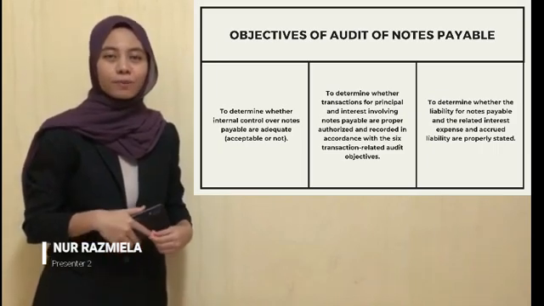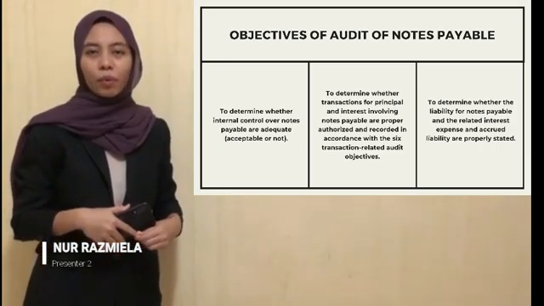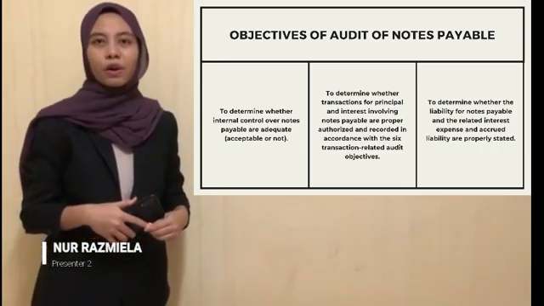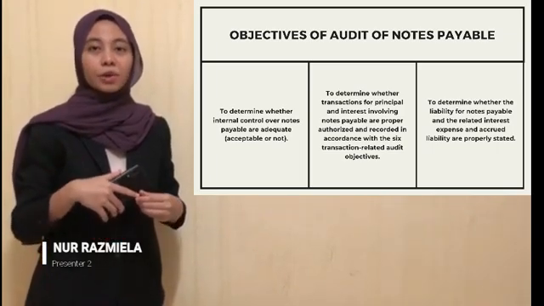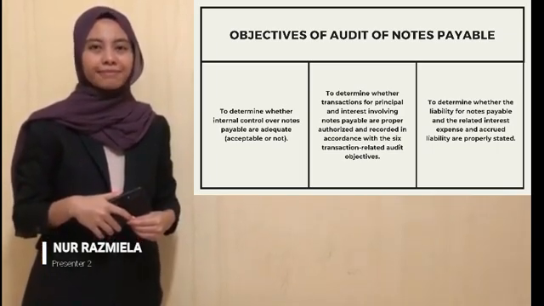So, we're going to move to the next slide, which is regarding the objectives of the audit of notes payable. The first objective is to determine whether the internal controls over notes payable are adequate, which means the internal controls are acceptable or not.